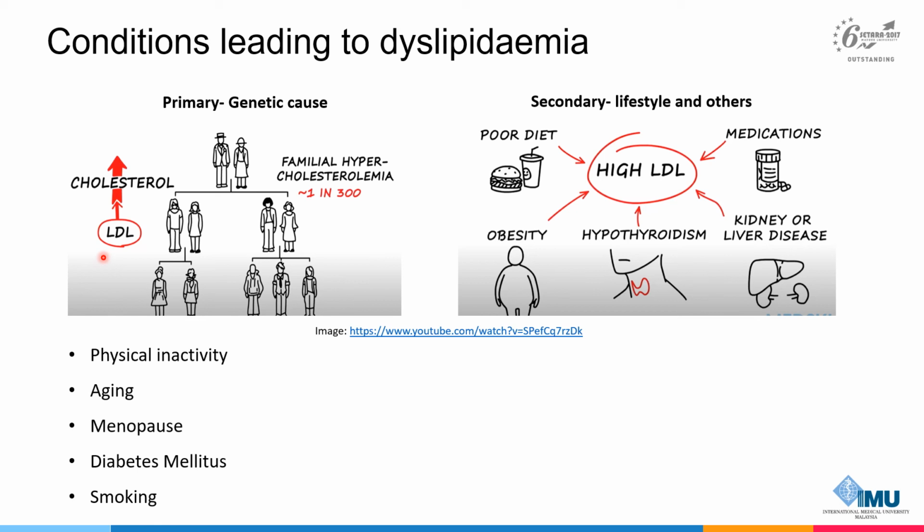Therefore, this results in increased level of cholesterol circulating in the body because this cholesterol is not being picked up by the liver. On average, it affects 1 in every 300 people.